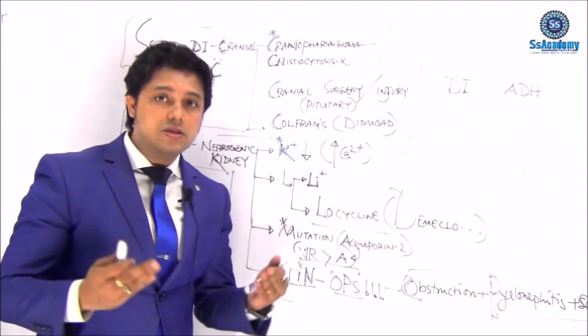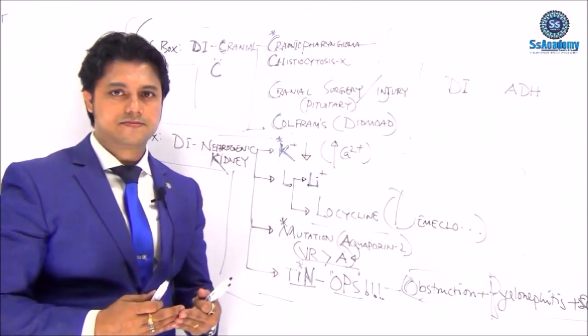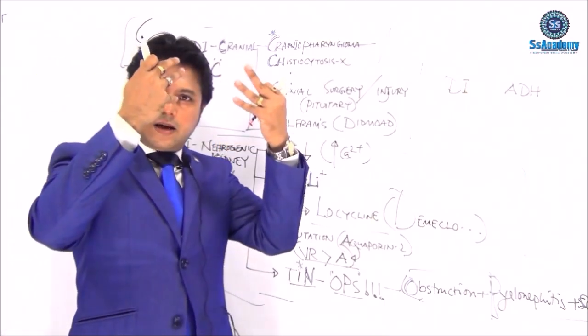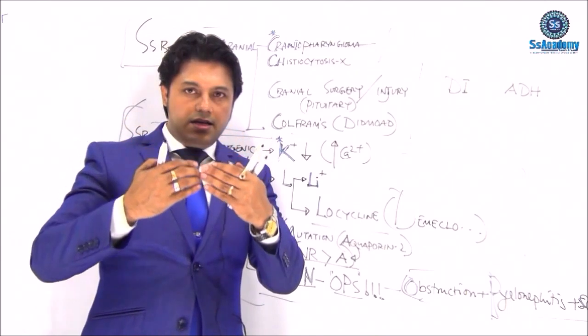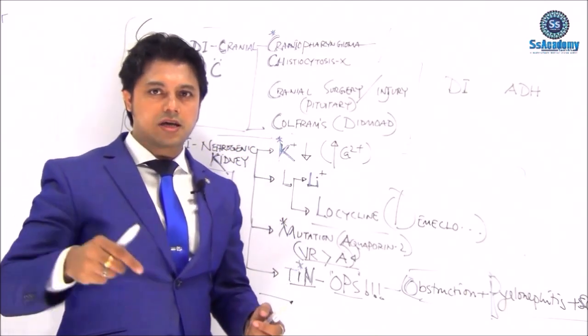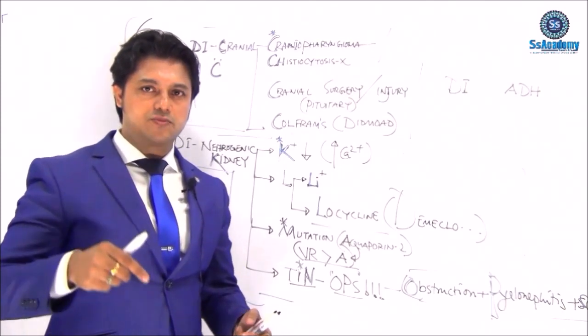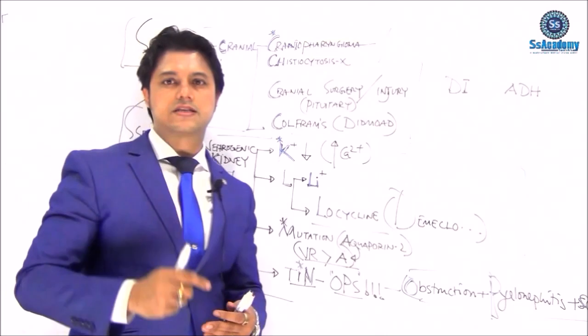So with pituitary gland problems, the ADH will be absent. So this is called cranial diabetes insipidus. But if the pituitary is releasing the ADH, then it comes to the kidney, and that is not working because of a receptor problem or maybe any drug problem, anything else. So this is nephrogenic diabetes insipidus.